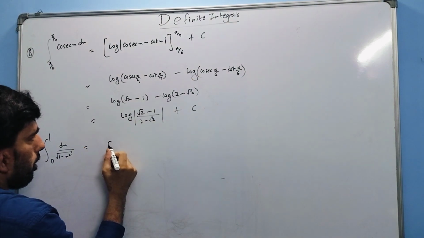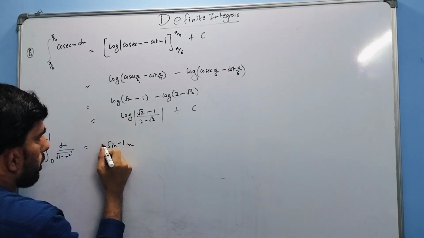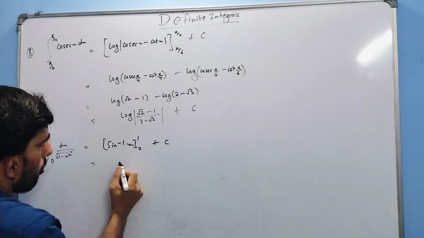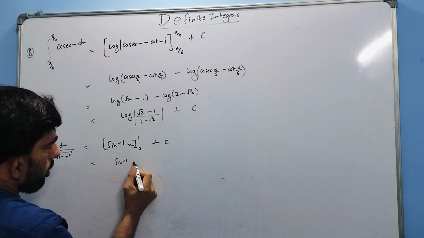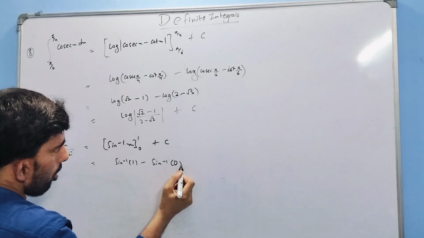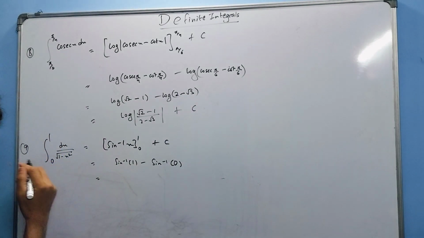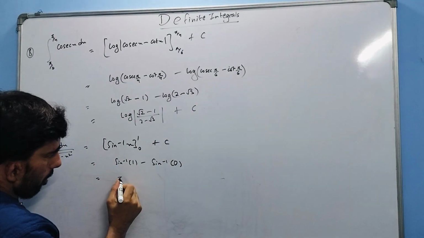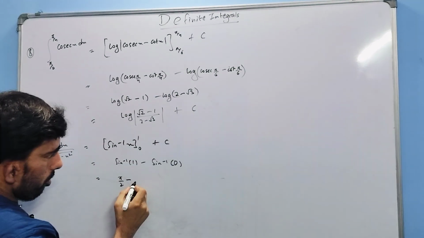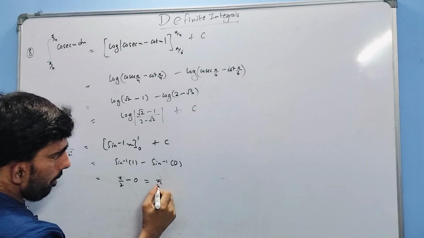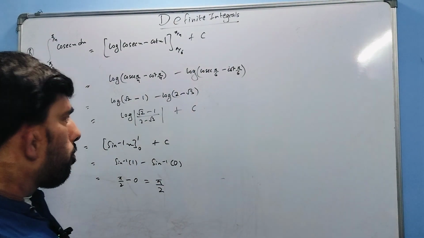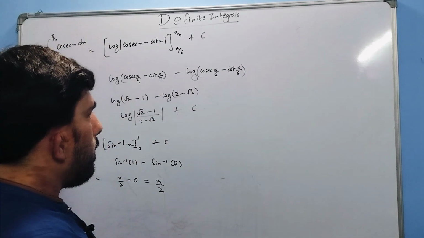We'll get sine inverse x plus c. Now we'll put the limits: sine inverse 1 minus sine inverse 0. We all know sine inverse 1 is pi by 2, minus sine inverse 0. Sine inverse 0 is 0, so I got my value pi by 2. So likewise we can evaluate the definite integrals.